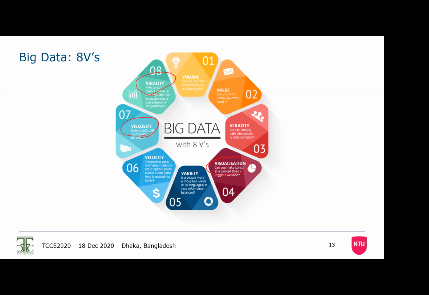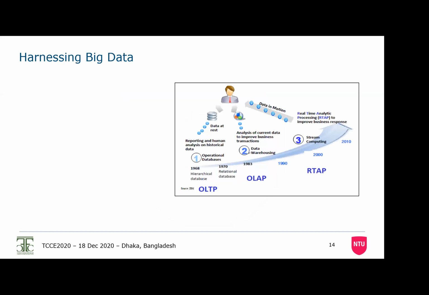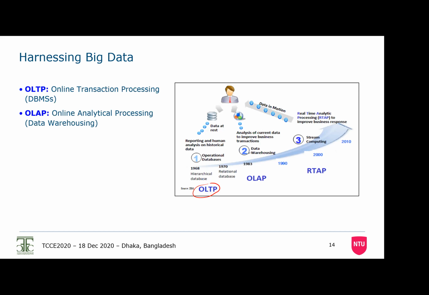So now, how can we harness this big data? The data harnessing started from the very beginning. It started with OLTP, online transaction processing, and then gradually moved to OLAP, starting from the database management systems, the relational database management systems.